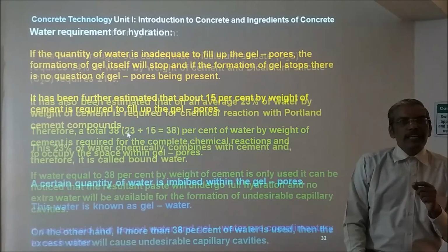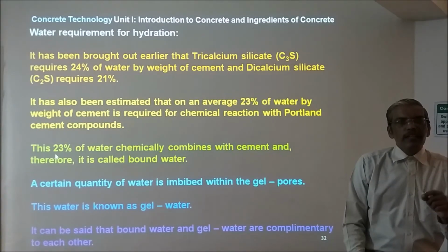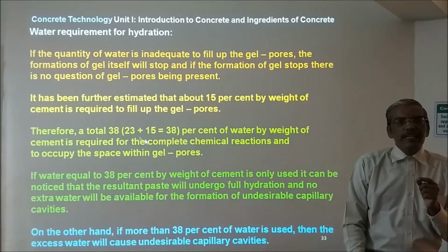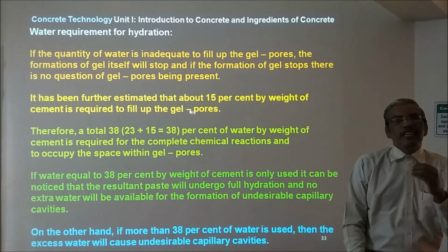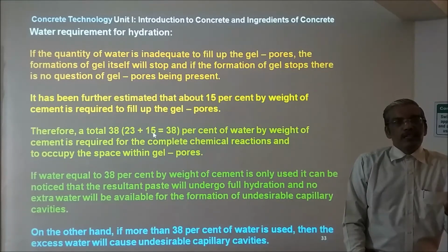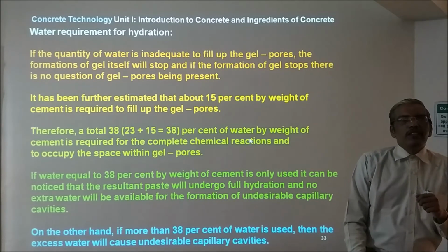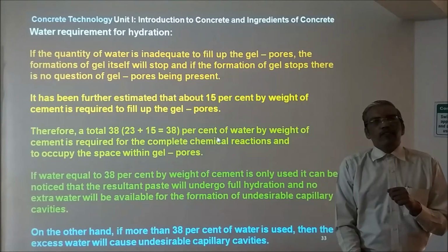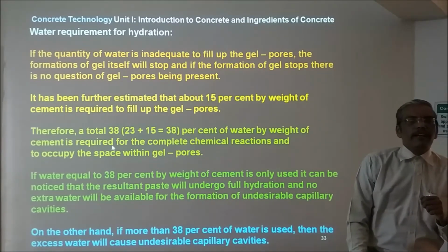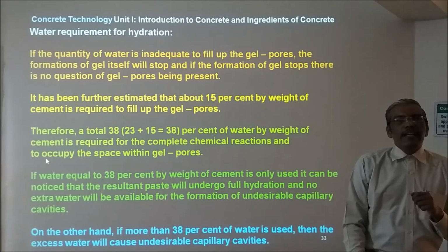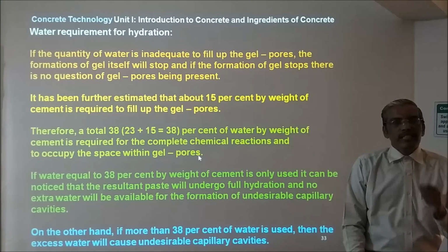So this 23% is the bound water, which chemically combines with cement, and this 15% fills the gel pores. The bound water and the gel pore water combined give 38%. Therefore a total of 38% of water by the weight of the cement is required for the complete chemical reaction and to occupy the space within the gel pores.